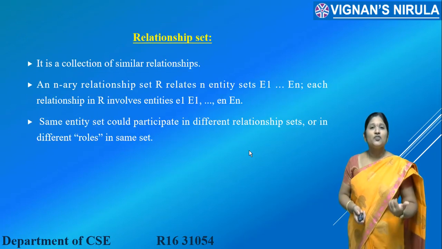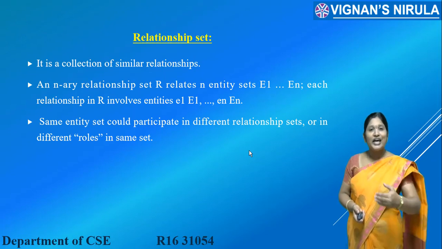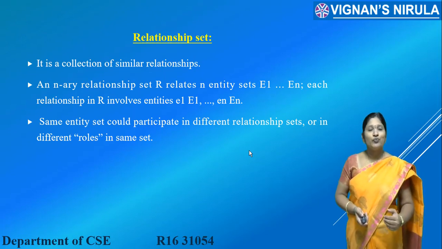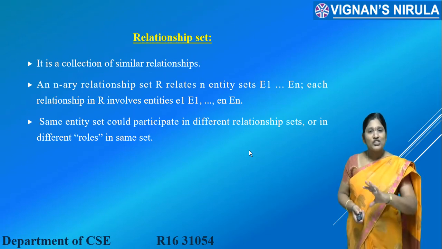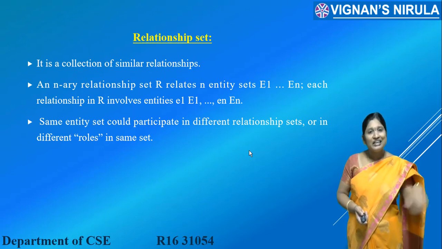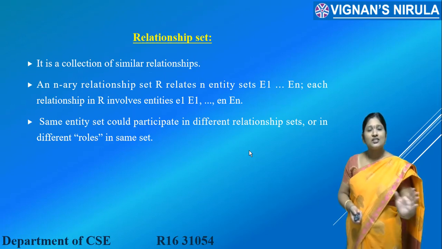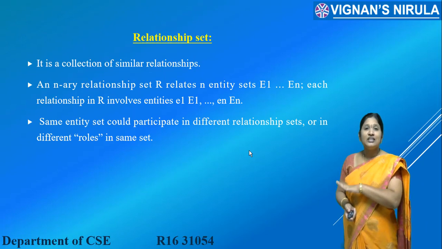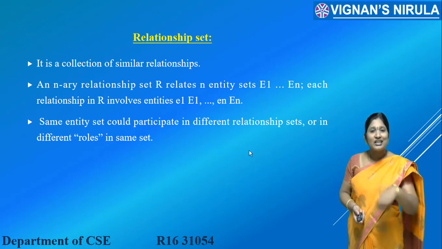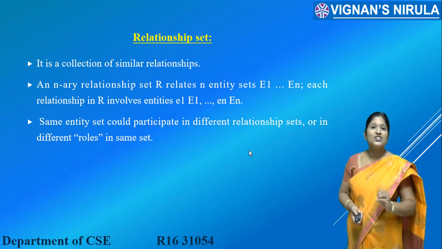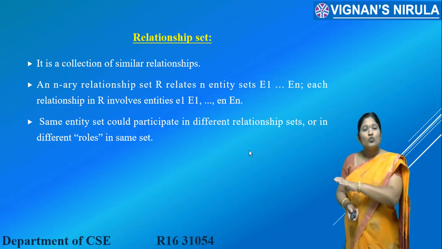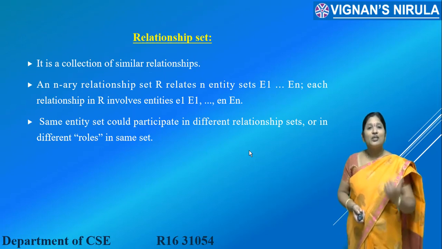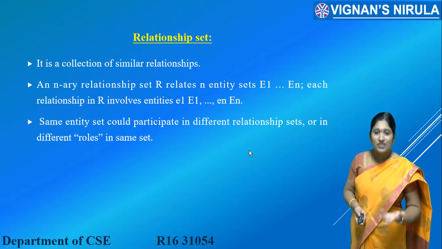Similar to your entity set, we can have relationship sets also. What is a relationship set? The similar categories of relations which relate the entities in one entity set to the entities in another entity set can be called relationship sets.